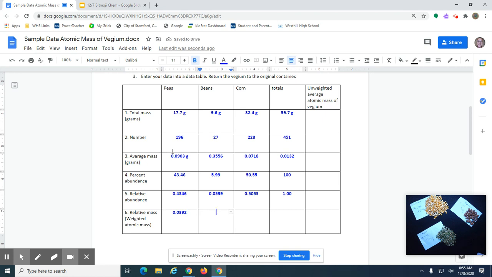Then 0.0599 times 0.3556, 0.0213, and 0.5055 times 0.0718, 0.0363.